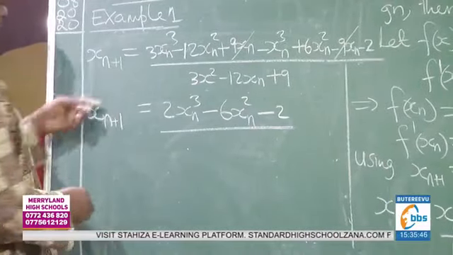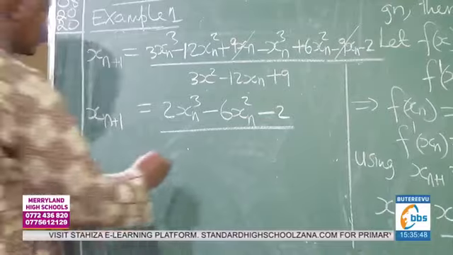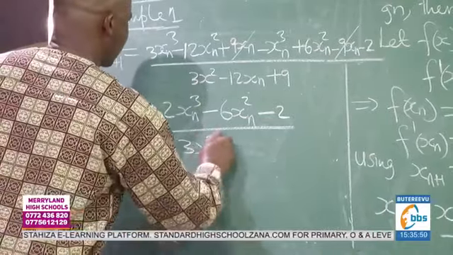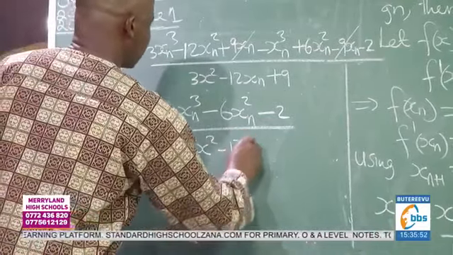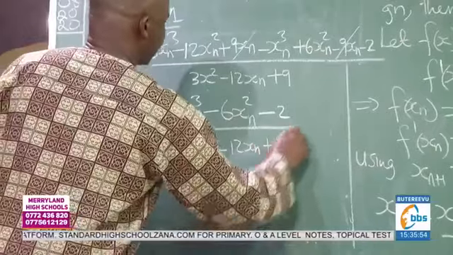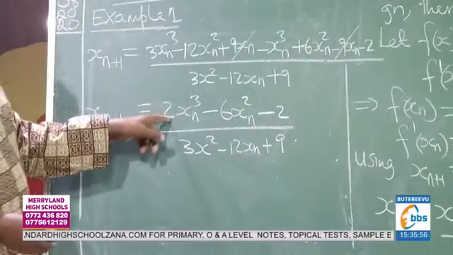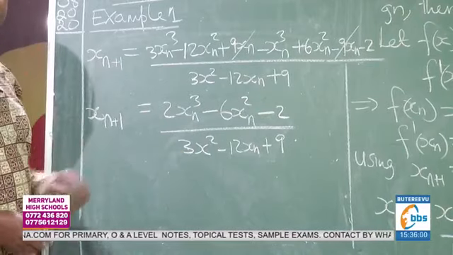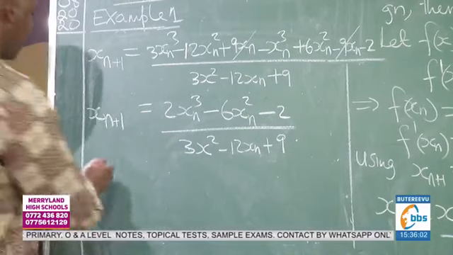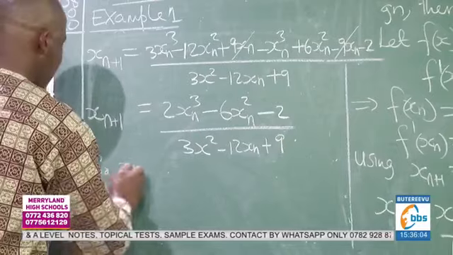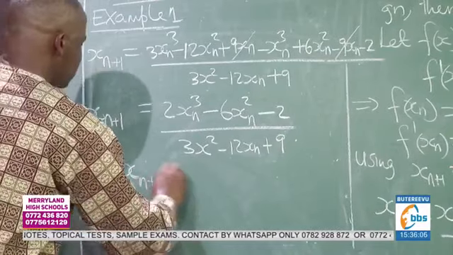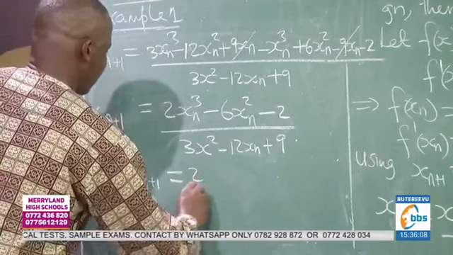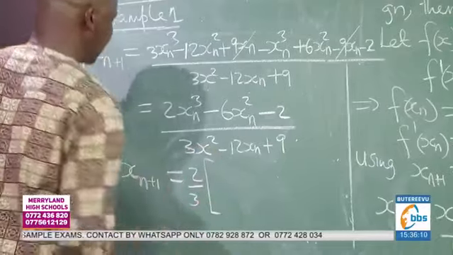And you are encouraged to keep carrying the left-hand side. 3xn squared minus 12xn plus 9. The numerator has a common factor of 2, and the denominator has a common factor of 3. If I pull them out, I should be able to get my final expression as indicated.